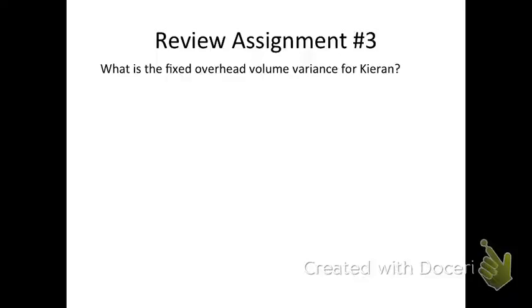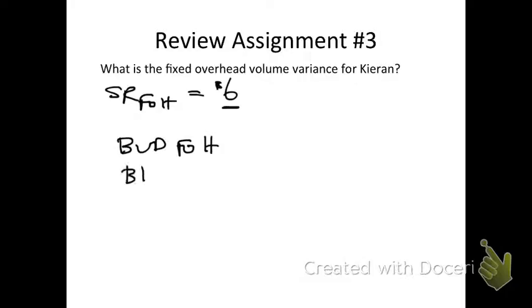So we apply fixed overhead in a standard costing system based on standard hours allowed. And so calculating this, we know that our standard rate for fixed overhead is equal to 6. And again, the only time that this $6 is correct is if I apply my fixed overhead based on 20,000 hours, which I know we didn't do. And so our budgeted fixed overhead is budgeted hours times the standard rate for fixed overhead.